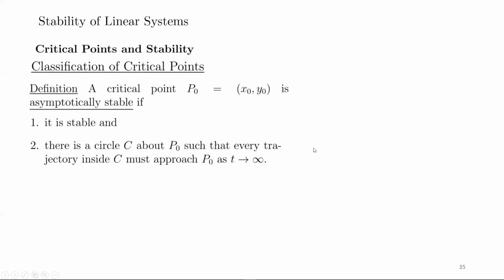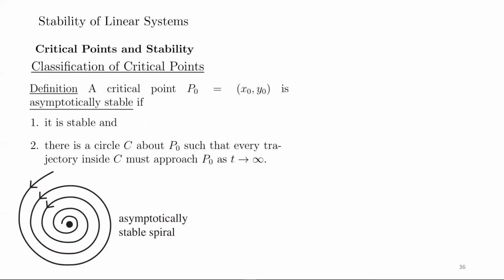So here is the difference. This spiral is actually asymptotically stable because no matter where we start in some region around this critical point, we always get sucked into the critical point. So we always end up at the critical point. So we say it's asymptotically stable.